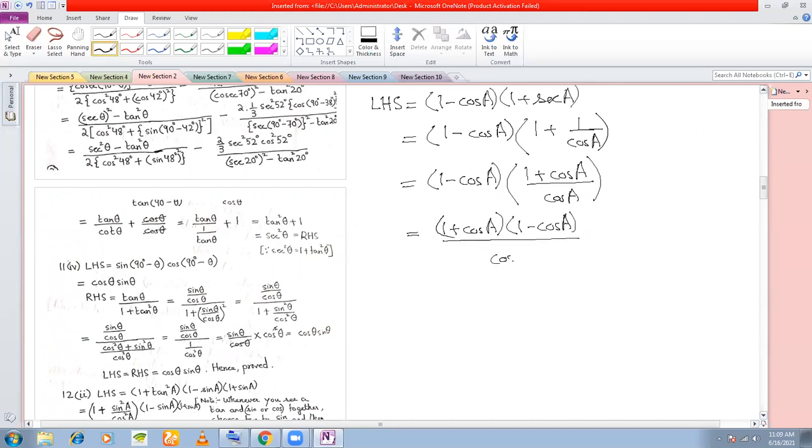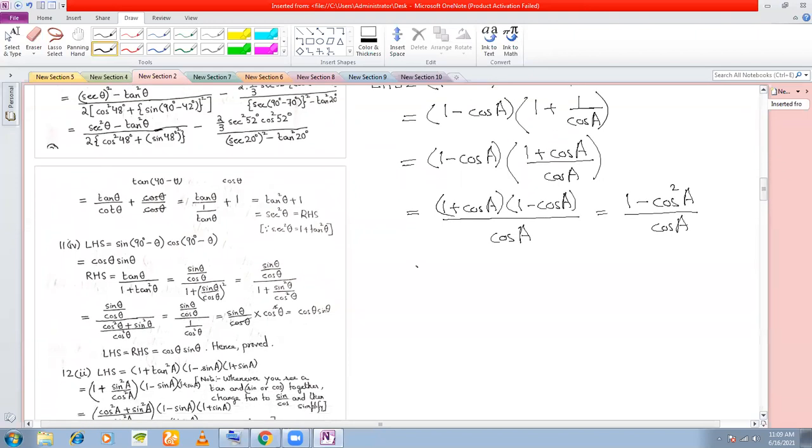Denominator, you simply have cos A. So this is 1 minus cos square A divided by cos A. Okay. One minus cos square A is sine square A from the square relations.